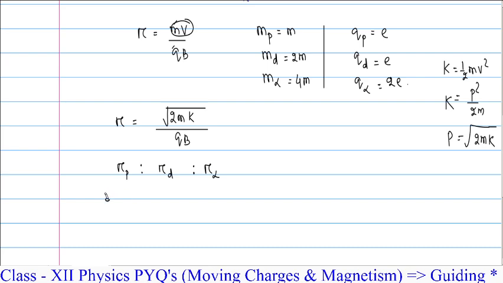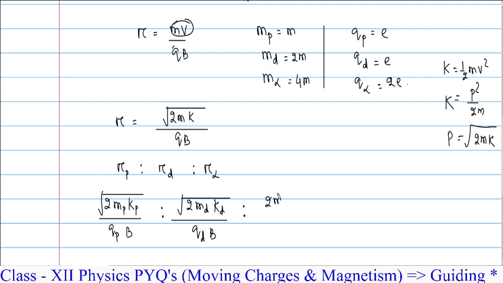It will be root of 2 mp Kp divided by qp B, is to root of 2 md Kd divided by qd B, is to root of 2 m alpha K alpha divided by q alpha B. First, the magnetic field will get cancelled out.